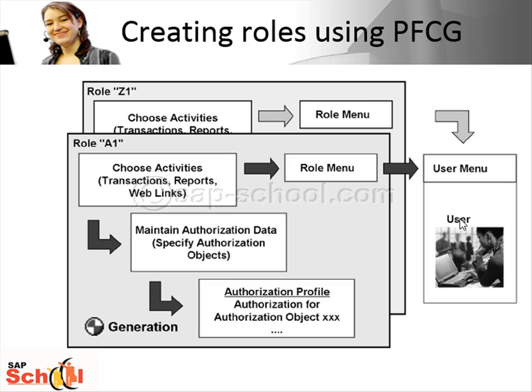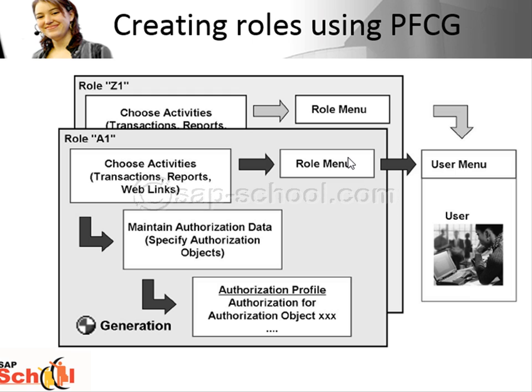One of the best practices recommended by SAP is that the automatic creation of authorization profiles should be used using transaction PFCG, and the manual generation of authorization profiles should be done only in very exceptional cases.